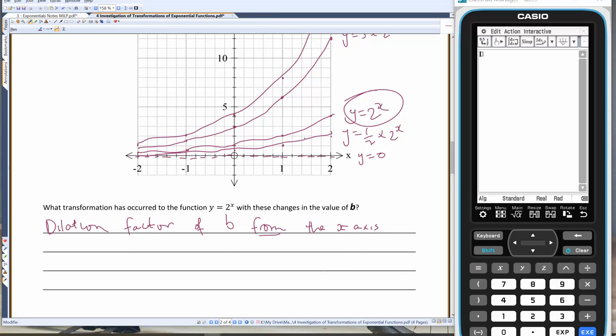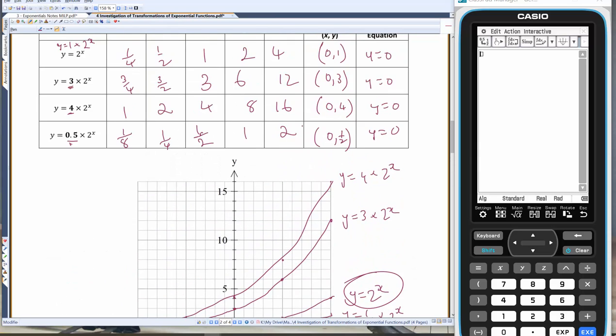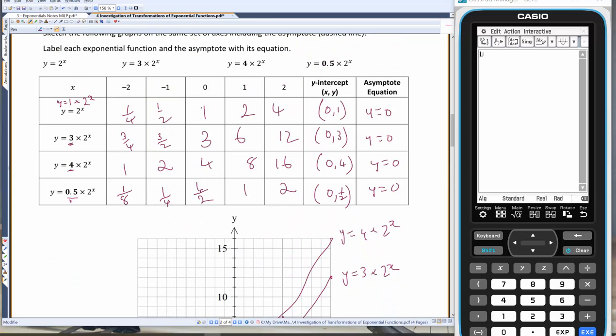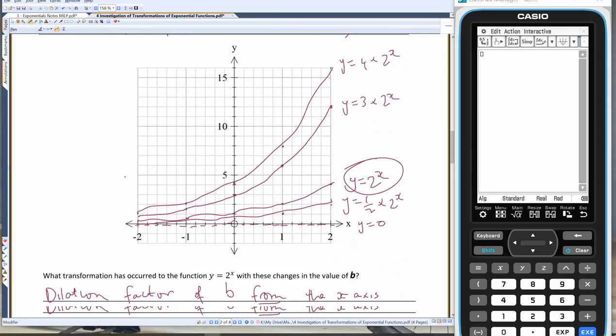We're going to make one more conclusion about this, is notice that for each of the functions, these x values remain consistent, and what changes is the y values.